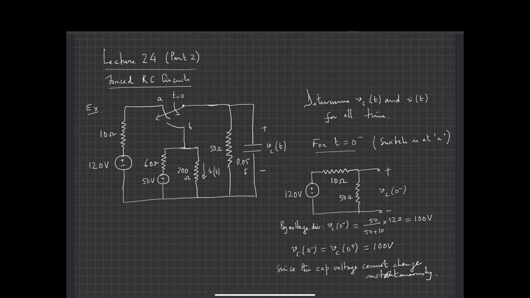All right. I'm going to now look at the circuit for t greater than or equal to 0, and maybe I'll do it on the next page. All right, so let's go to the next page.